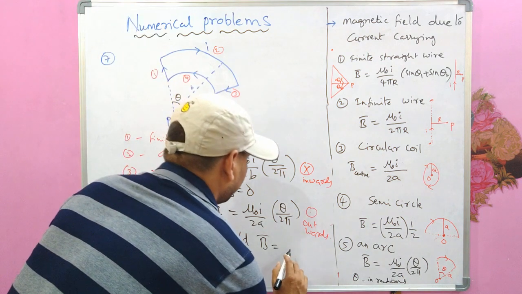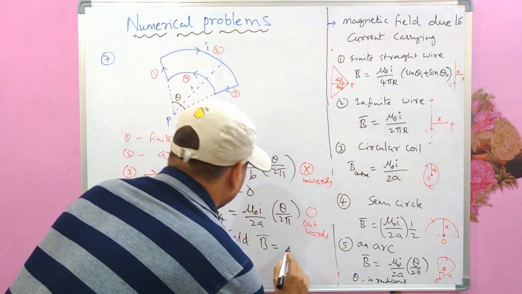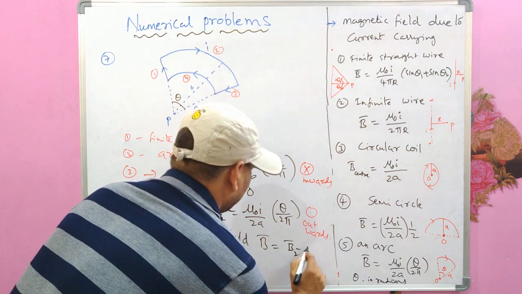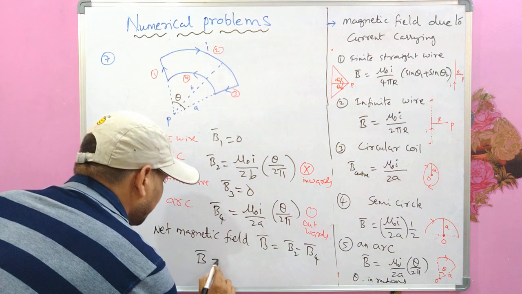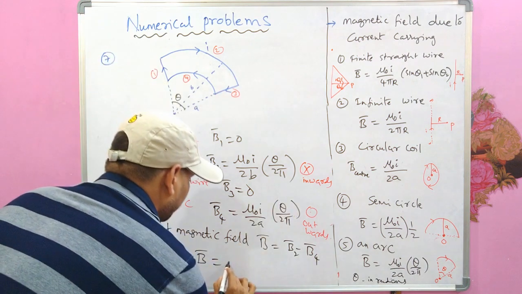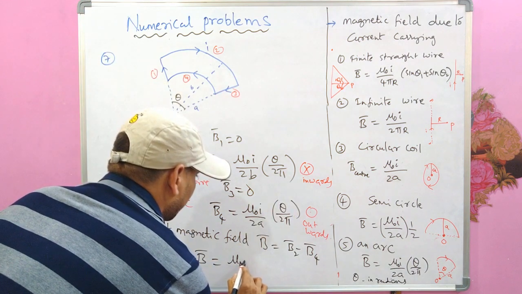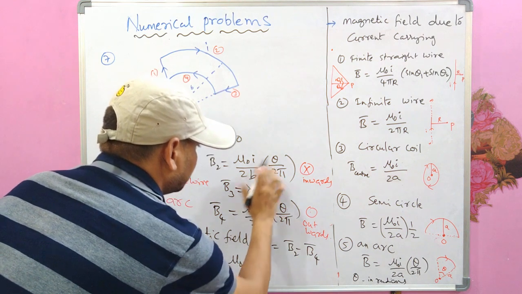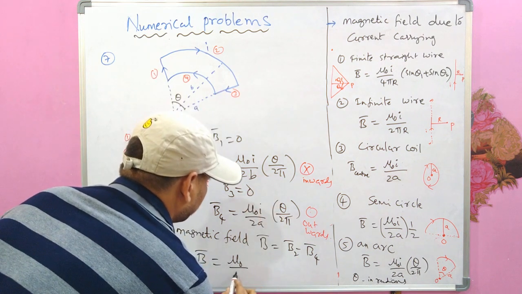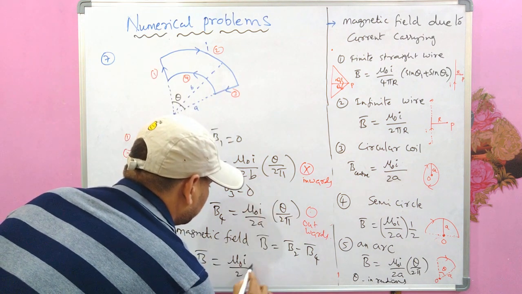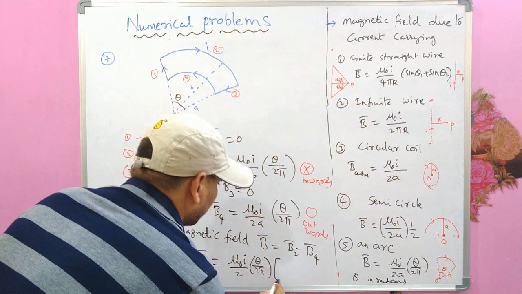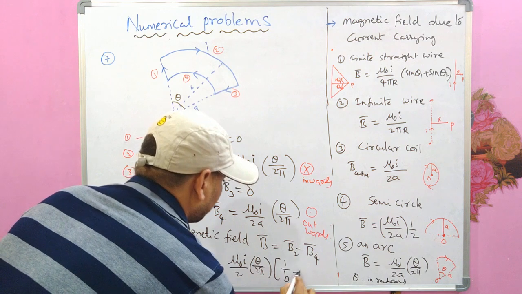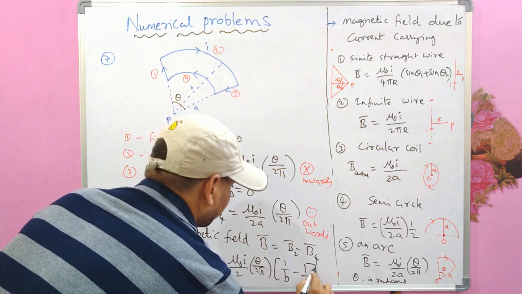For example, if I take it as B2 minus B4, then B equals mu naught. What are the common things that I can write? Mu naught I by 2 into theta by 2 pi I can take common. 1 by B minus 1 by A.